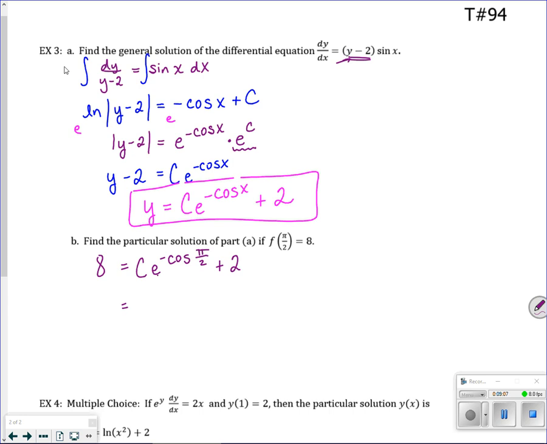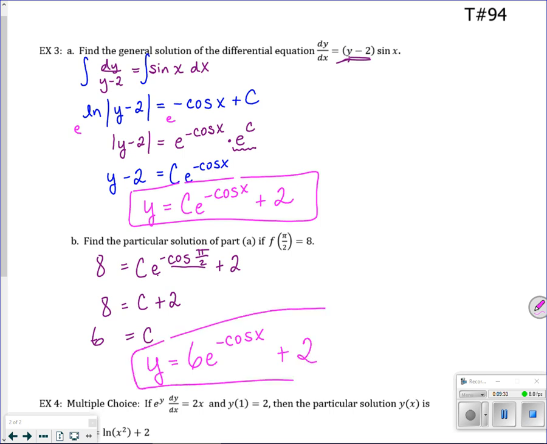I have e to the, well, the cosine of pi over 2 is 0. So e to the 0 is 1. So c plus 2 is equal to 8. So c is not negative, c is 6. So what's my answer? My particular solution is y equals 6e to the negative cosine of x plus 2. Very good, very good.